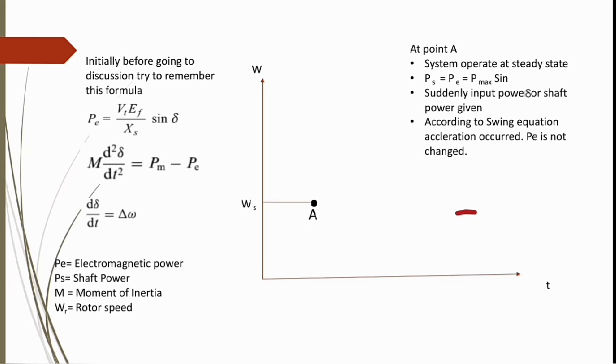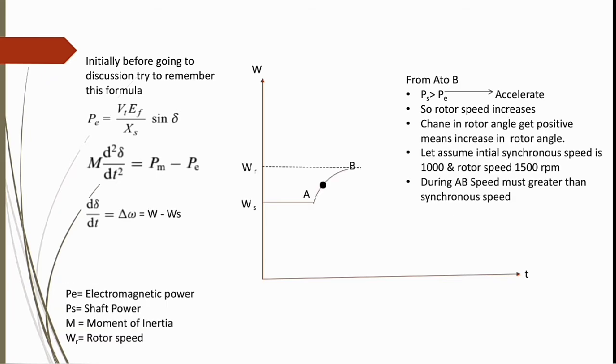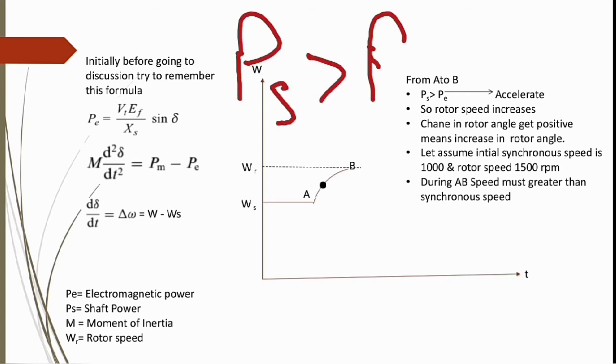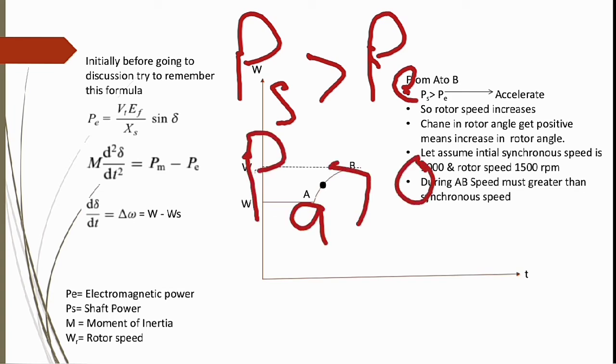So what about point A to B? When it goes from A to B, Ps, or you can say the shaft power or mechanical power, is greater than electrical power. That means in this case Pa is greater than 0. This is the case of acceleration.